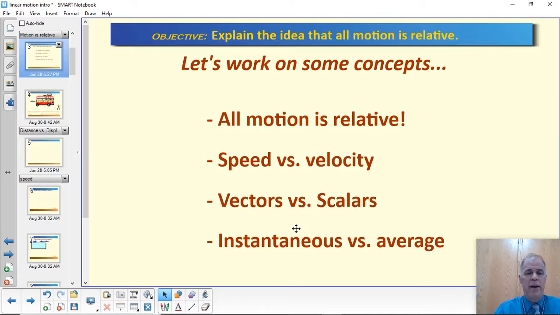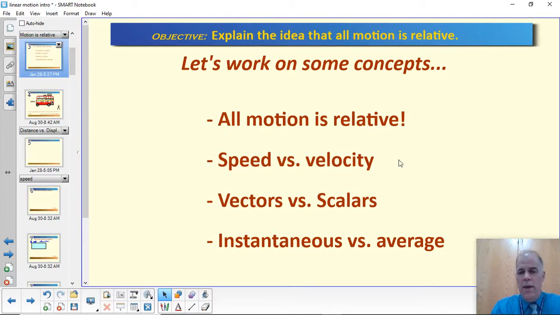And finally, we looked at the difference between instantaneous speed and average speed. And the same concept goes for any value. Instantaneous values versus average values can vary just the same way as these. Now, along the way, I introduced how I want you to solve problems, which is the GFEW format, and that is in the classroom now, so you can see that.